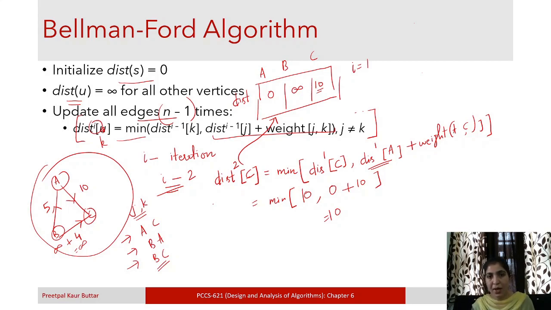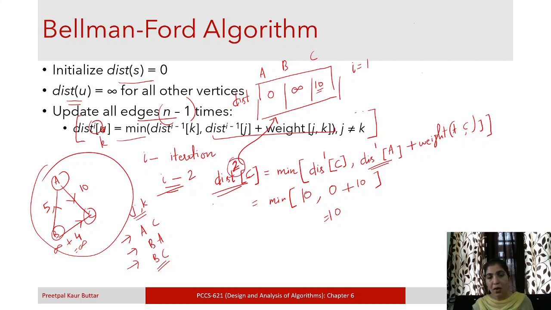Okay, so this is how we solve this problem of shortest paths using the Bellman-Ford algorithm, and here we use the concept of dynamic programming, iteratively solving the subproblems. Okay, and here at the last iteration i's value was 2.